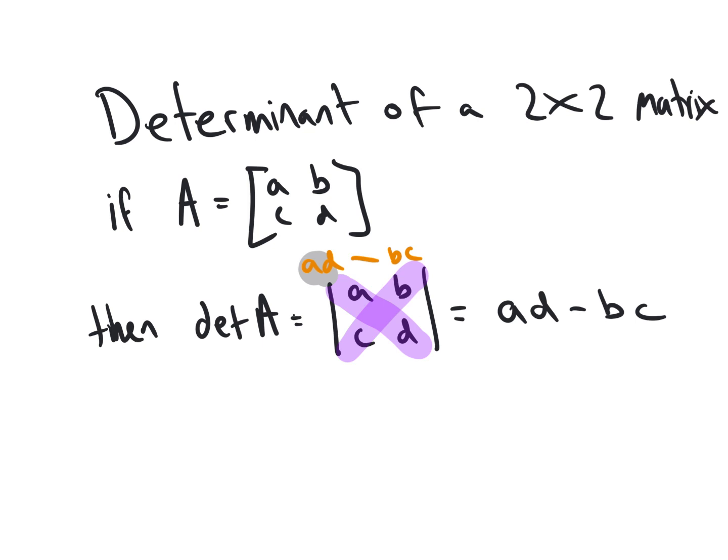AD minus BC. So this calculation, and truly it's just a calculation that you can do with any 2x2 matrix, is related to how we will find the cross product.